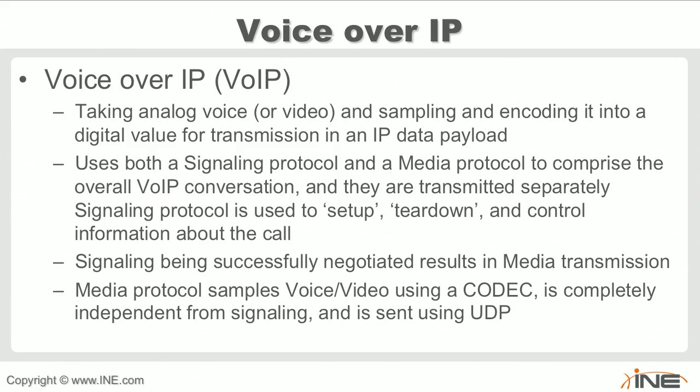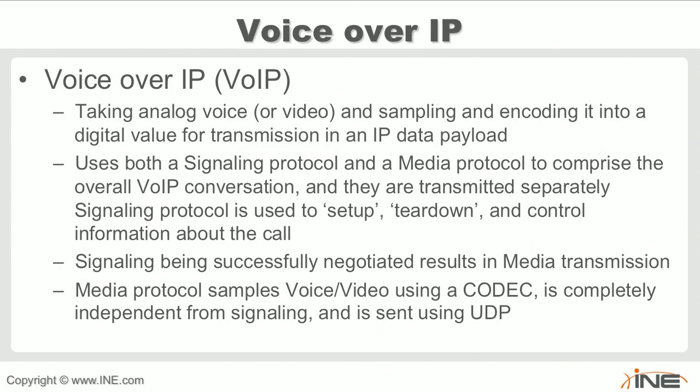So again, it's connectionless. The signaling is typically, not always, but typically sent using TCP, a connection-oriented three-way handshake, so I know that I'm talking to the other side. If for some reason I don't get a packet from the other side that I know I should get, then I'm going to tell that other side to retransmit the lost sequence, the lost packet.